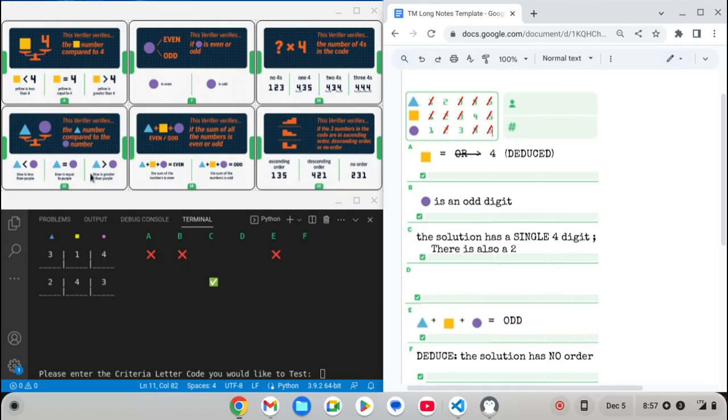So now we get to test criteria card D. And it does approve, so I did pick a 2, 3, so triangle is less than circle. So let's go ahead and type that up, and we'll say that triangle is less than circle.